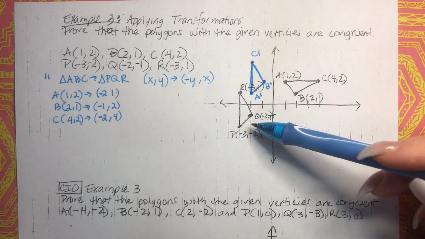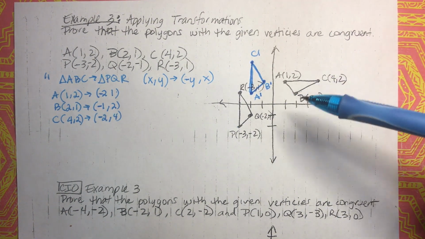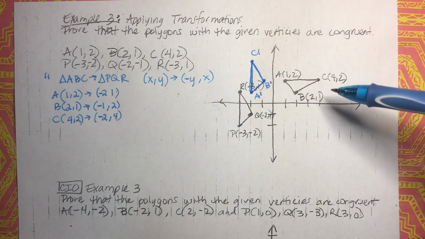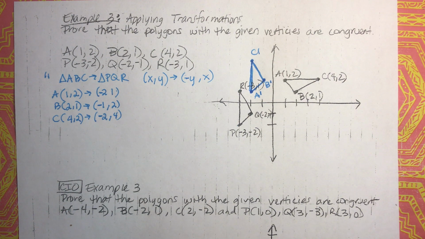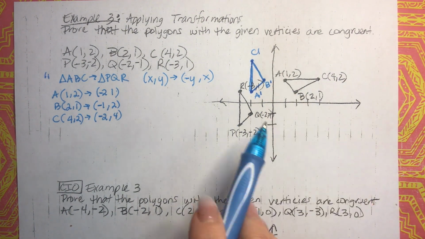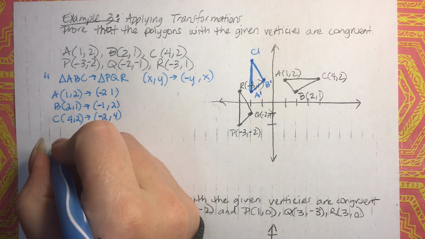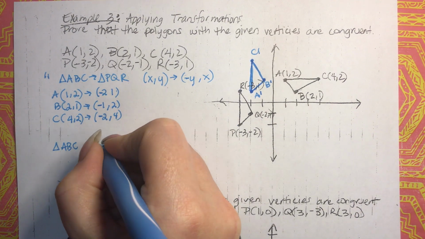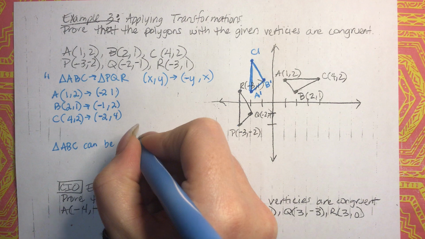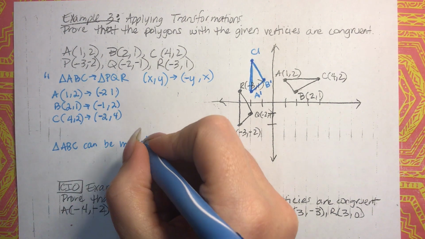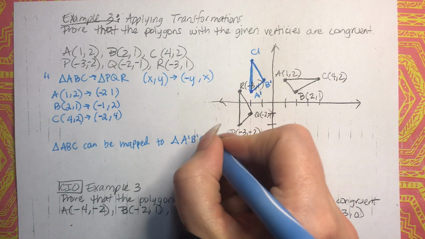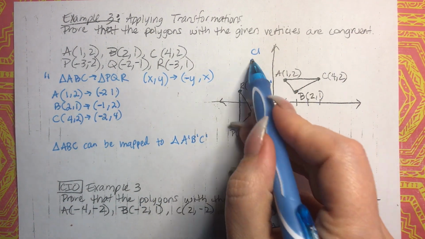We're proving triangles are congruent through multiple transformations or multiple isometries. Okay, perfect. So now we just need to write it all down. So what we're going to say is that triangle ABC can be mapped to triangle A prime, B prime, C prime, which is what we have here, right?